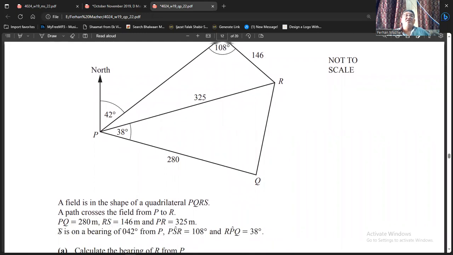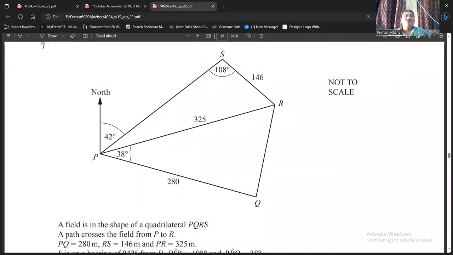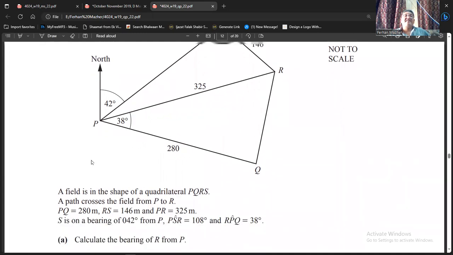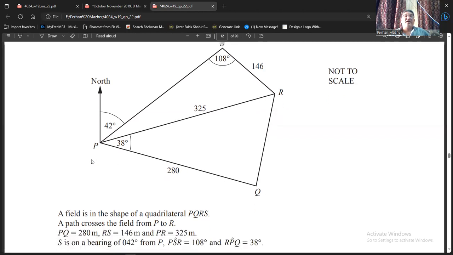And he says the PQ length is 280 meter and the RS is 146 and the PR is 325.